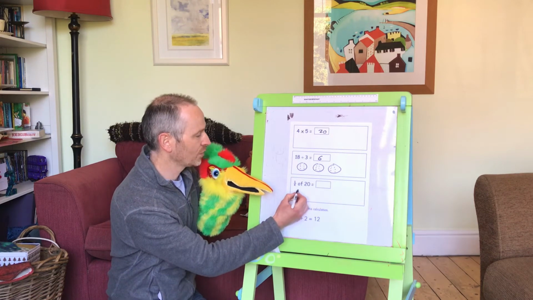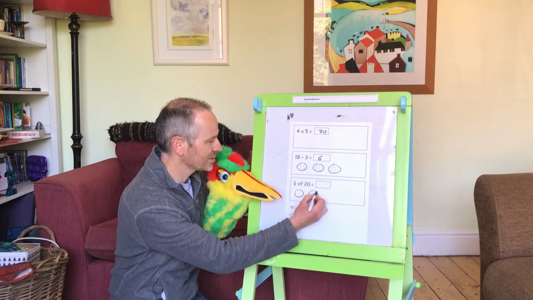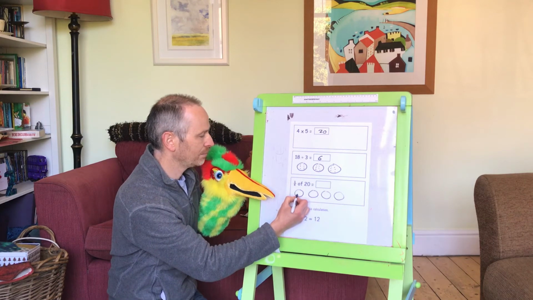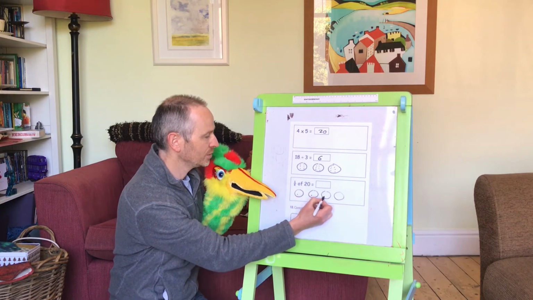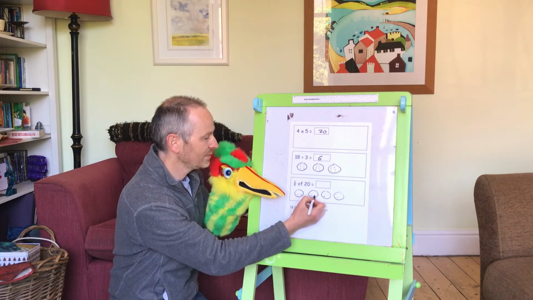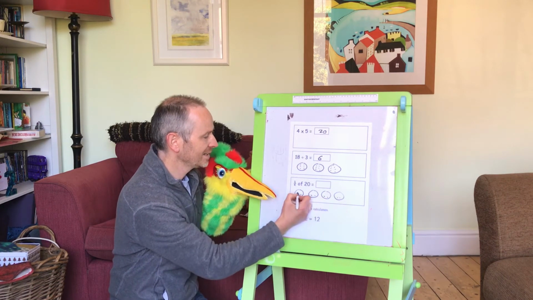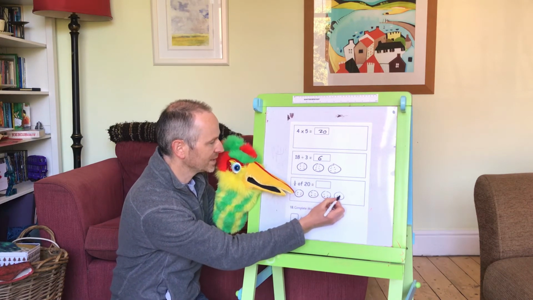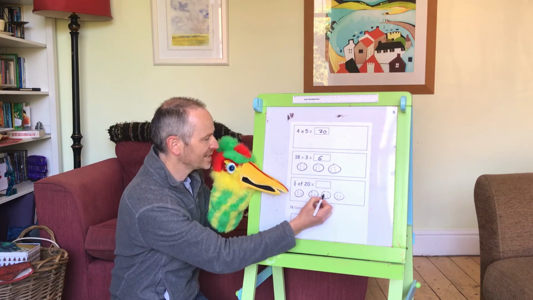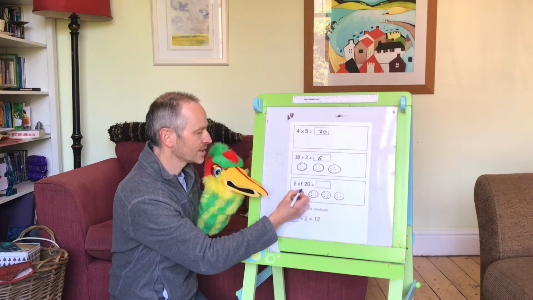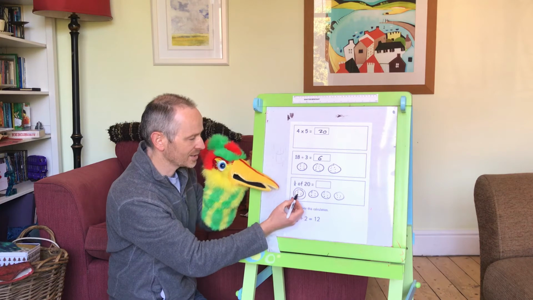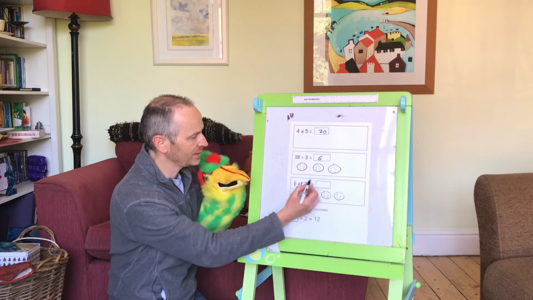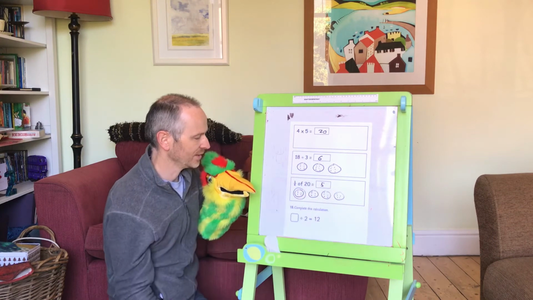We can do 4 sharing circles, and then we can share 20 by 4. 1, 2, 3, up to 20. So a quarter of 20 is how many dots there are in this circle, which is 1, 2, 3, 4, 5. So our answer is 5.